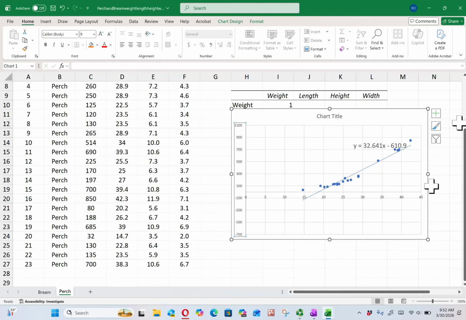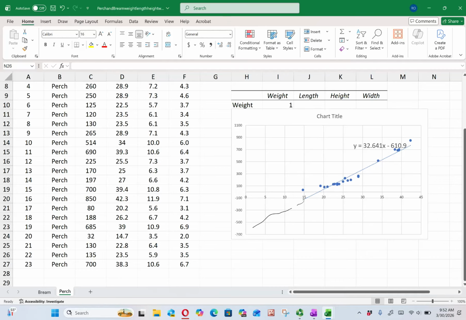If you extend that line, at least visually, it's going to go down there. The sole purpose of the intercept is to hold the line down, to anchor it.